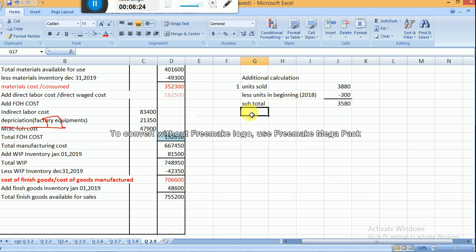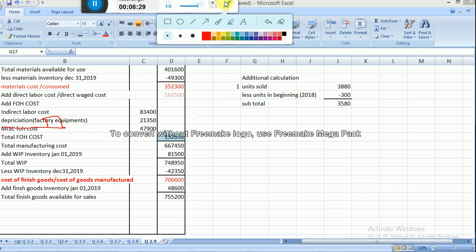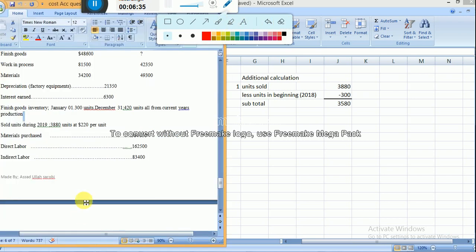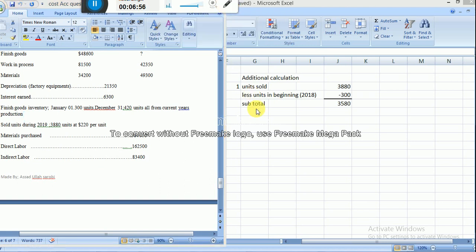But we also have some units remaining unsold in 2019 on December. That is 420 units. How many? 420 units on December 31st remain unsold. So these units were produced in the year 2019, so we will add these units.